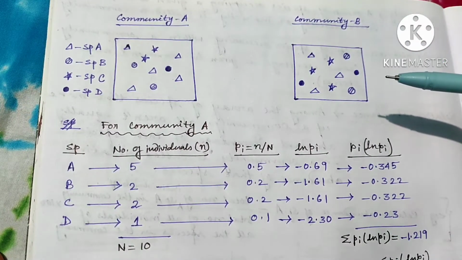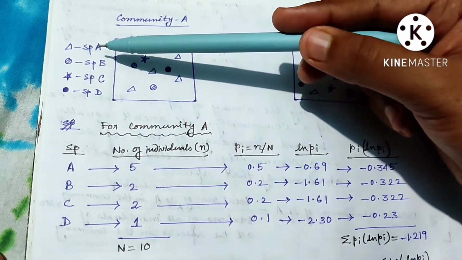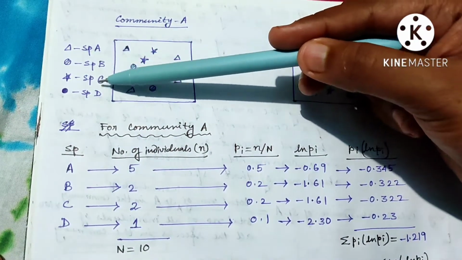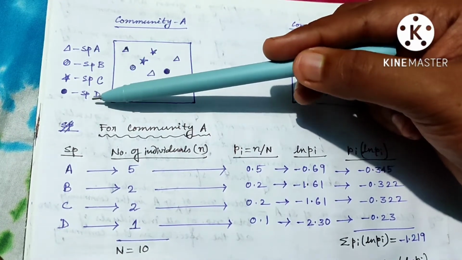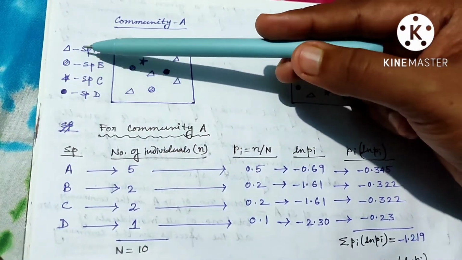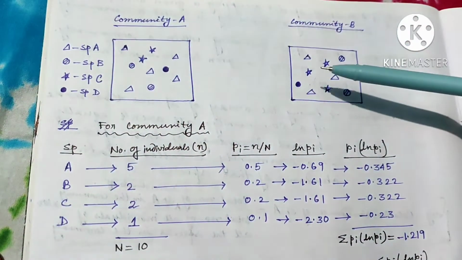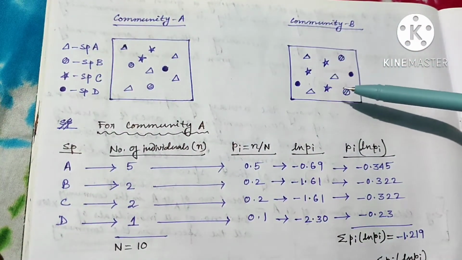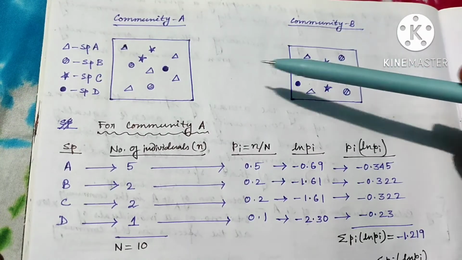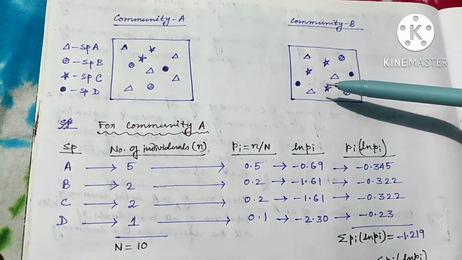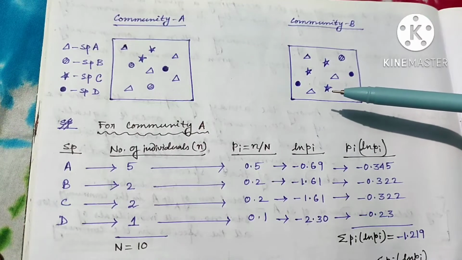That means the total number of species present in both communities is the same. How many species are present there? 1, 2, 3, 4. Species A, B, C, D are denoted with different signs. Here also you can find only those 4 species. So species richness for both communities is the same. For both communities it is 4.